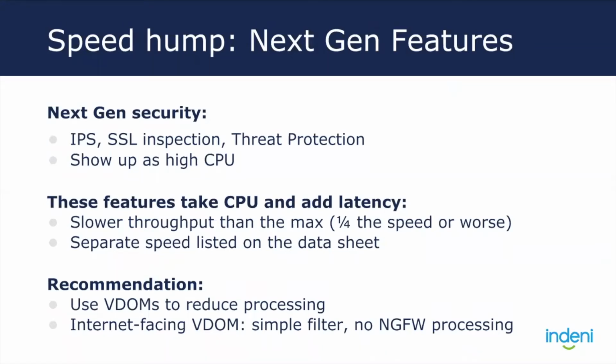It's stuff that we know is completely pointless. So why even bother doing additional scanning on it? And then once it's passed through that initial VDOM, now you've cut down the amount of traffic that you need to do processing on. And you can do some more in-depth processing without burning a lot of CPU on a lot of useless traffic. So that is one speed hump you can get over.